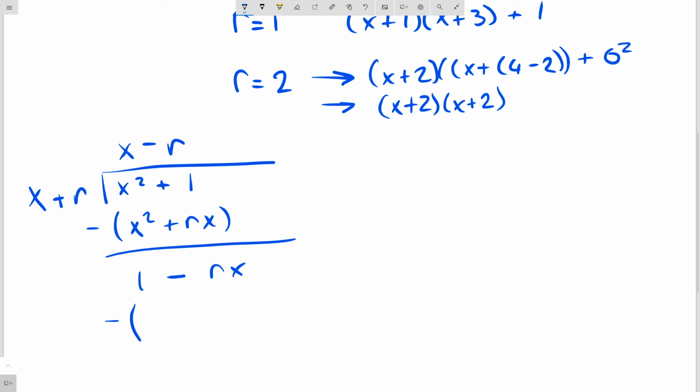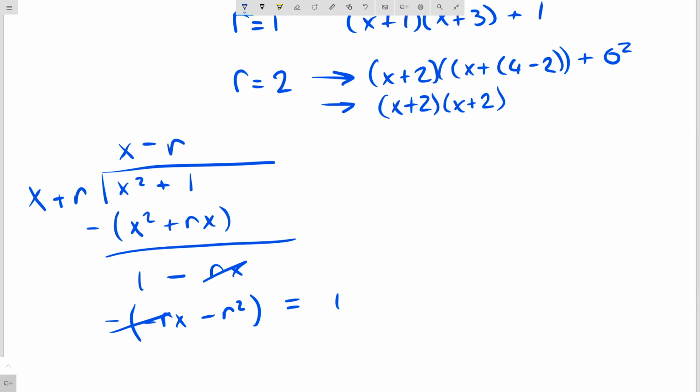So we get minus rx and minus r squared. That's just due to the fact there's a minus in front of this r term. And of course, we realize that these two are going to cancel, and this is going to become a plus.